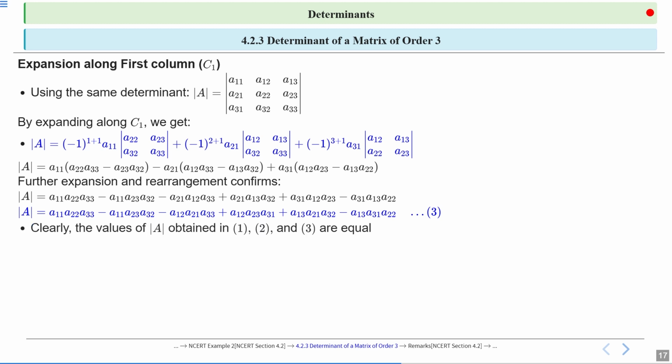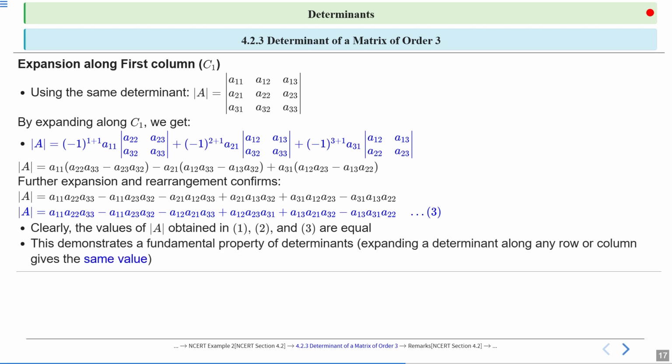We rearrange the terms because what we consider is equation 1, equation 2 and equation 3, all three are equal. Since clearly the values we obtained in 1 to 3 are equal, this demonstrates a fundamental property of determinant, that expanding a determinant along any row or column gives the same value. Okay.